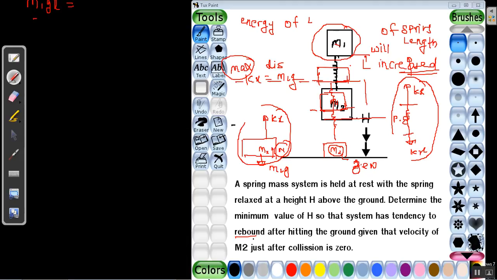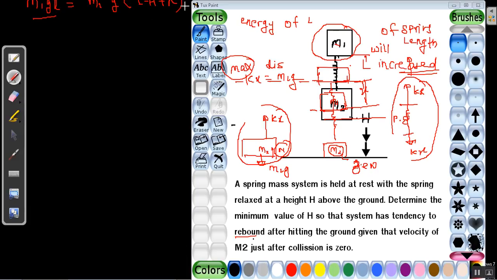Okay, so m1 g l should be equal to m1 g times, we have to find this height plus this height, and this side will be l minus h plus x, because this length is x. From here to here this is h, and this height will be l minus h.